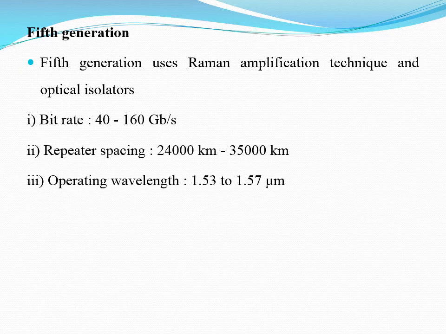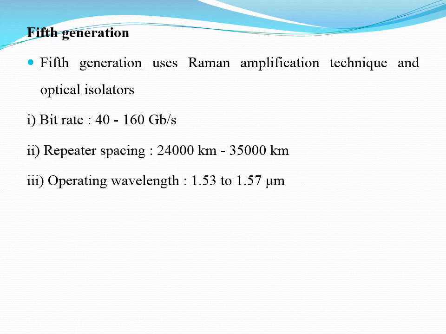Then coming to the fifth generation. During the fifth generation, Raman amplification technique or Raman amplifiers are used, and optical isolators have been introduced so that the amplification of the signal can be easily done using Raman amplifiers and optical isolators. So that is the optical component used in this generation.